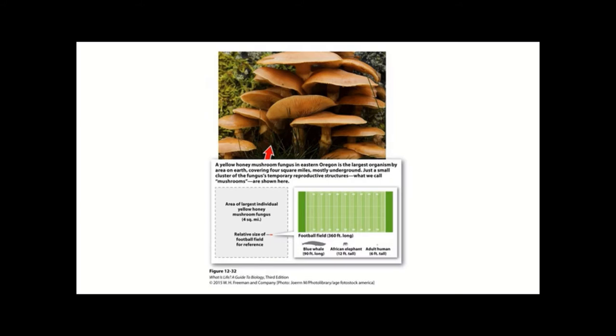So if you went to Oregon where this single yellow honey mushroom fungus is, would you be able to see it? And the answer is probably not, because what is making up this 4 square miles is the mycelium, that net, and it's actually mostly underground. The only part of this organism that we would see are these mushrooms when it's ready to reproduce.